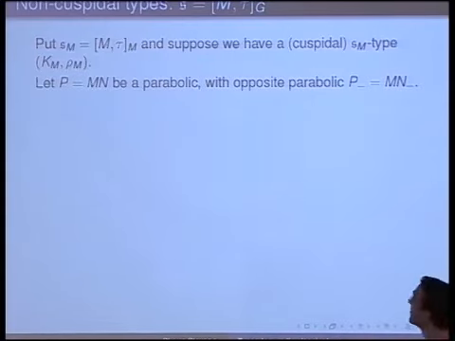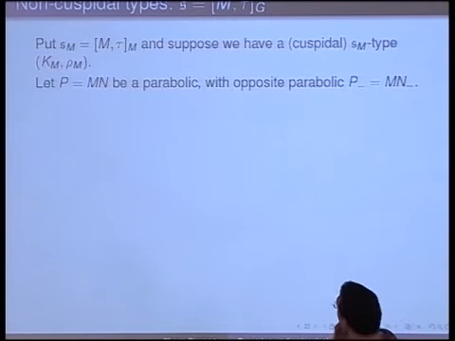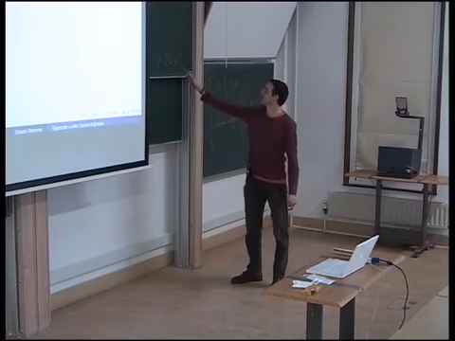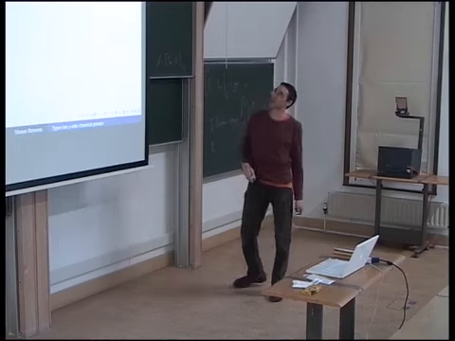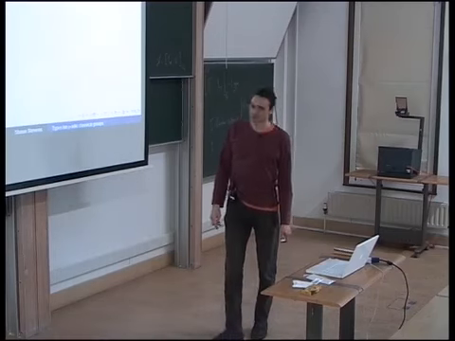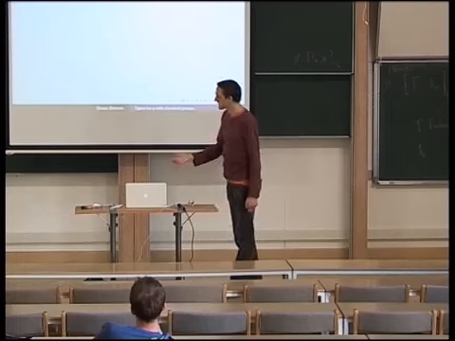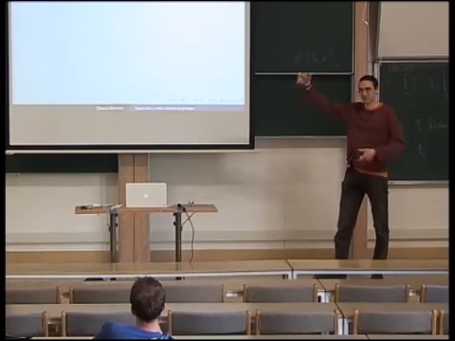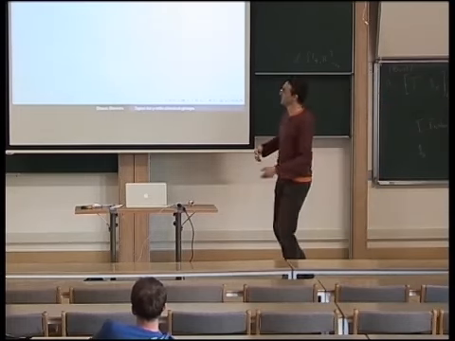Okay, so what about the non-cuspidal types? So if now, instead of having a cuspidal representation of the whole group G, we have it of some proper Levi subgroup. Well, Levi subgroups are just the same sorts of groups as the big groups somehow, but smaller, and we have cuspidal types for those.